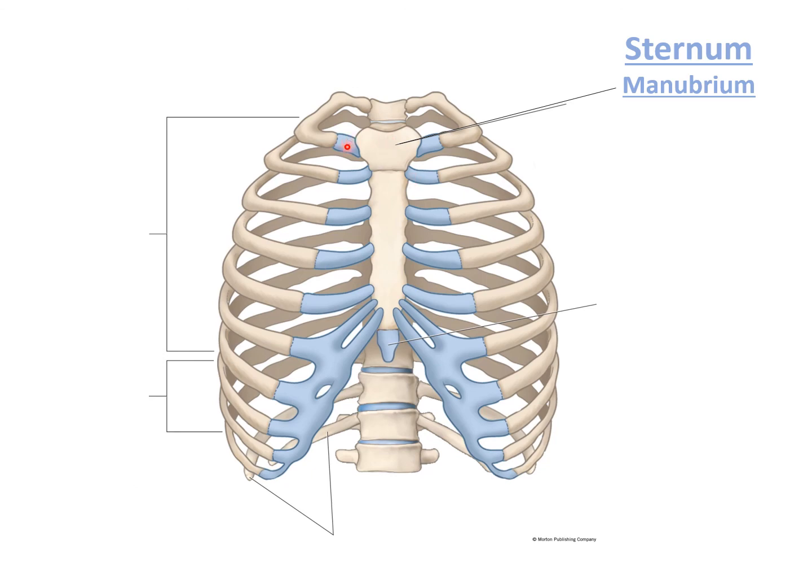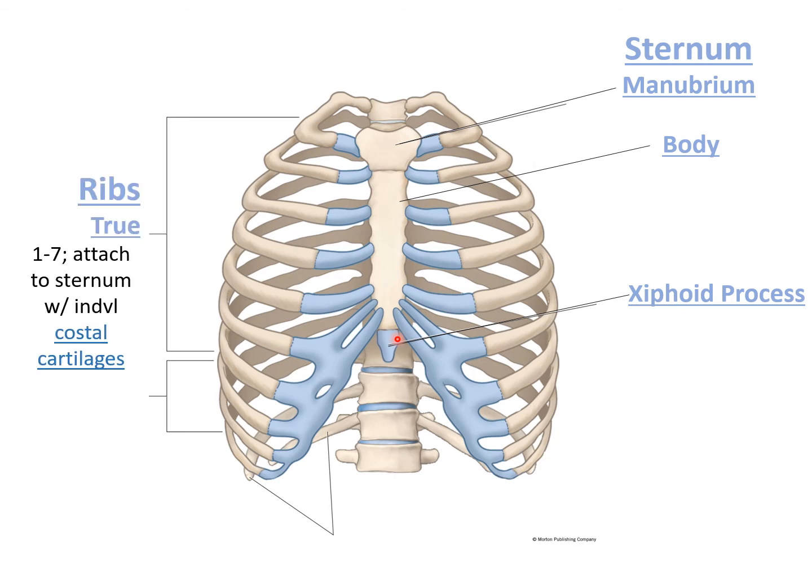The manubrium is this part up here. This is the body. And finally, the xiphoid process is cartilage, right? But ultimately it will become calcified over time. And so one of the ways that archaeologists can age a body is by looking at the xiphoid process. Okay, so how much is still cartilage, how much is bone?